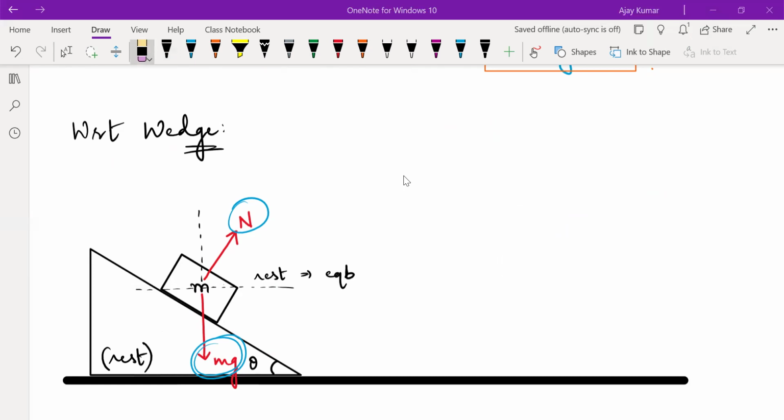Pseudo force. Yeah, there must be some other force involved, and the wedge here is accelerated with respect to ground. So it's a non-inertial frame.